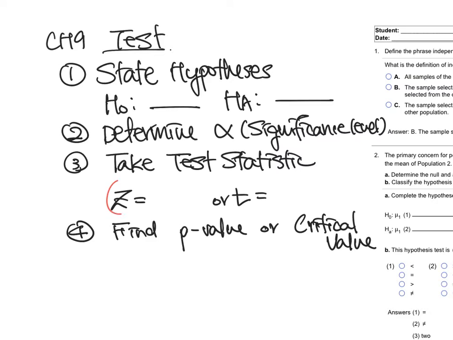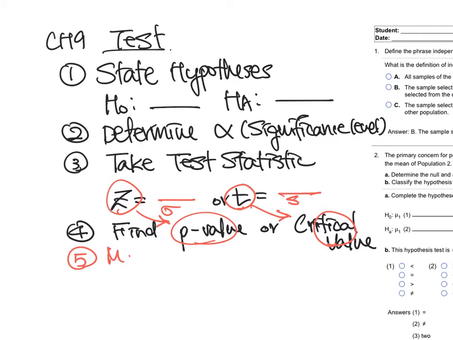When we had the z with the sigma, then we found the p-value from the z table. But when we took the t with the s, then we took the critical value from the t table. So we made the decision rule. We make the decision.